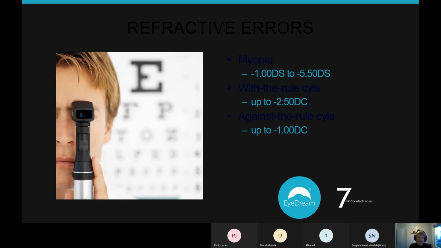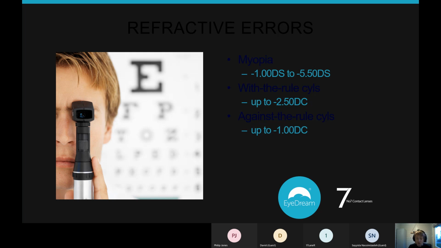So, patient selection. The first and most important thing to think about is refractive error. So do we have patients that fit within the range? And the range is -1 to -5.50. Below -1, the patient's really not likely to get as much benefit from it as they should do. And the evidence for OrthoK really suggests that it's consistently effective up to -5.50.